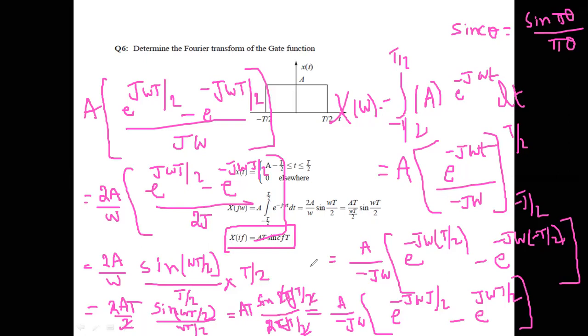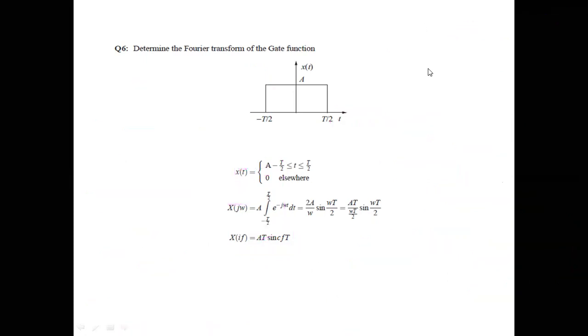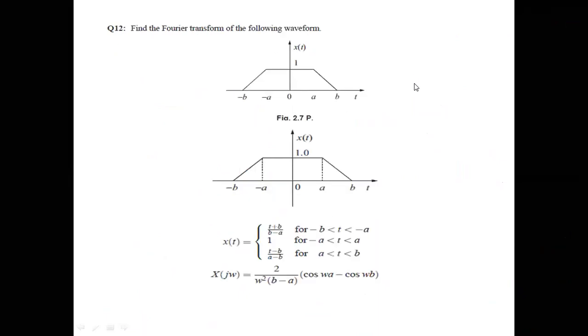This is the Fourier transformation of the given gated function, or the gate function, varying from minus T/2 to T/2. Okay, my dear students. This is also very important.